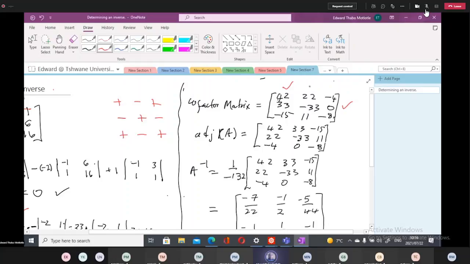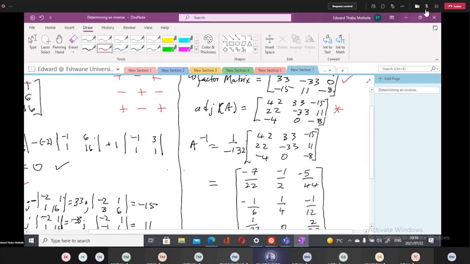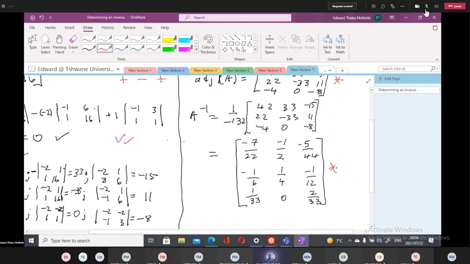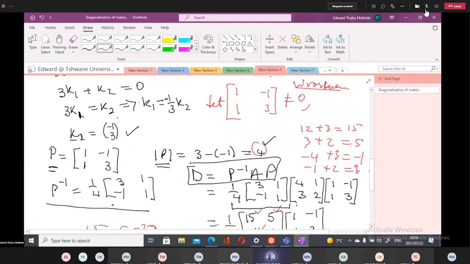You do the same with the second column and the third column. This is what we call the adjoint matrix. Now to determine the inverse: the inverse is equal to 1 over the determinant of the matrix we have just computed, multiplied by the adjoint of A. So that's how I have calculated the inverse.